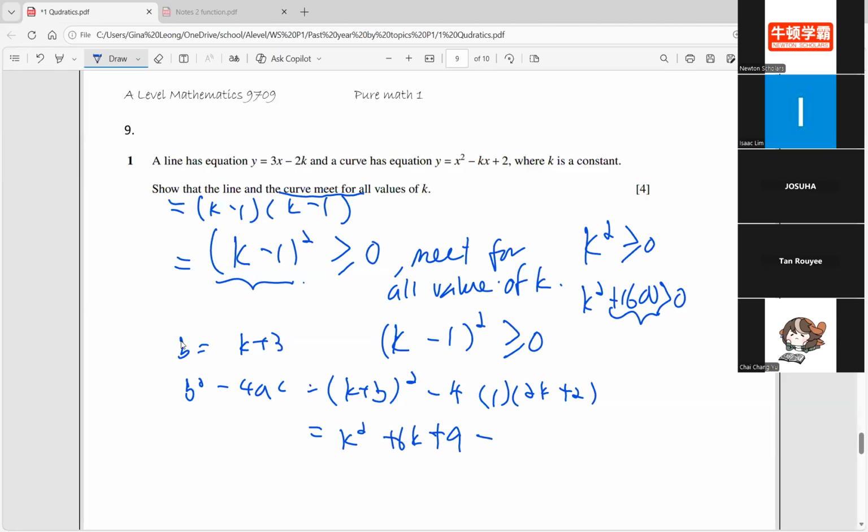Okay, this one I will get plus 9 minus 8k minus 8. Oh yeah, I calculated wrongly, you read it wrongly. I get like this, then after that you can get this one. After you get this one, then you go back to this one.